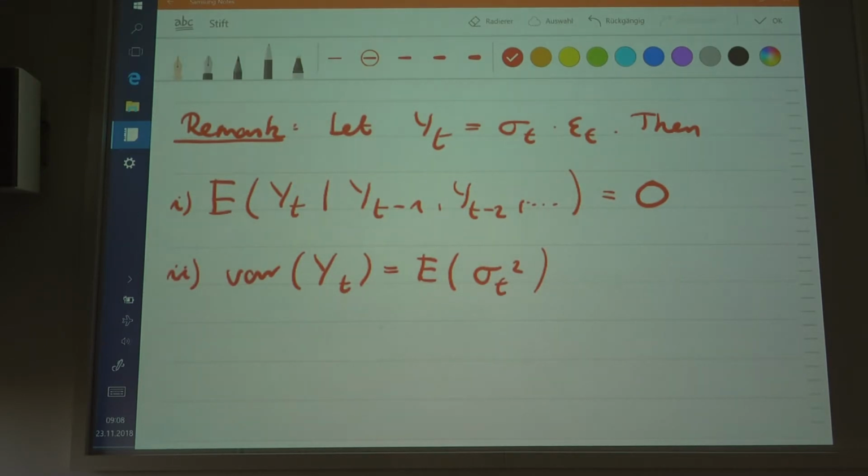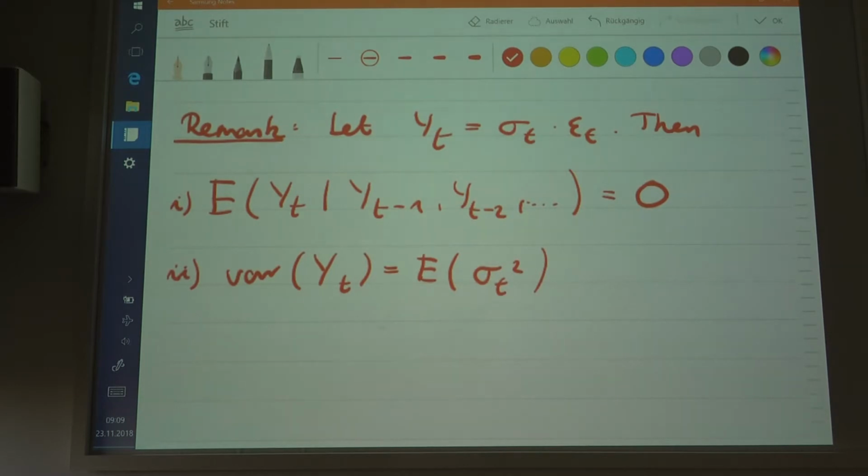Note that this does not necessarily depend on time. So the variance of the process does not necessarily depend on time. The process can be stationary, although the conditional variance will be depending on time.